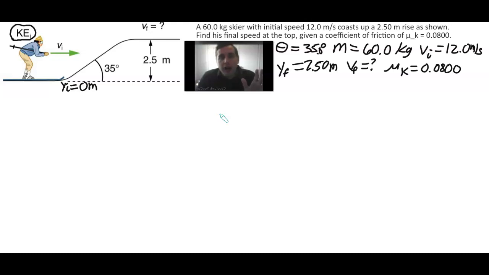Or if you look at it as non-conservative work, pessimistically, you subtract out work done by friction. So let's write this out. Let's write out our conservation of energy equation.